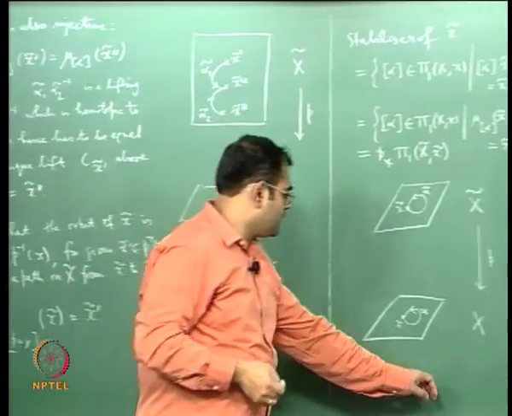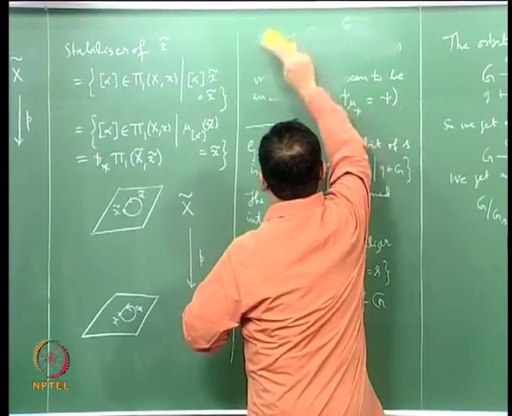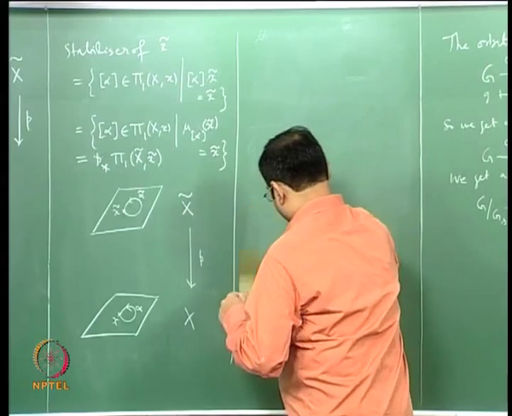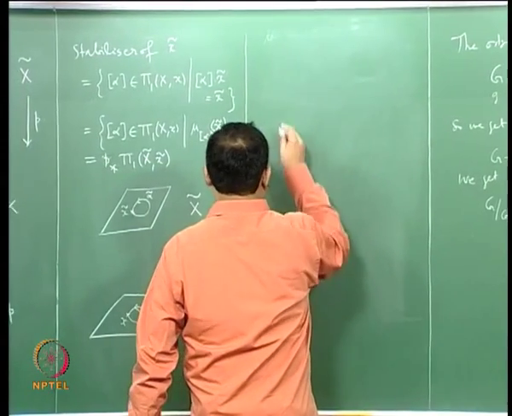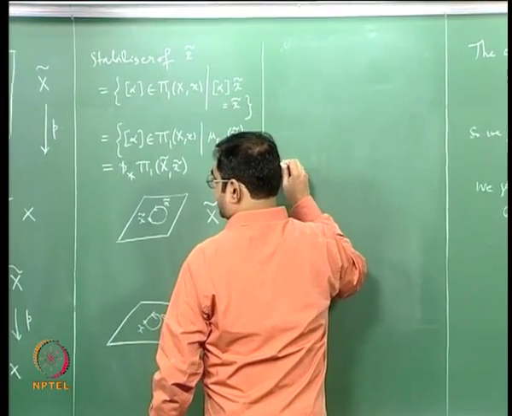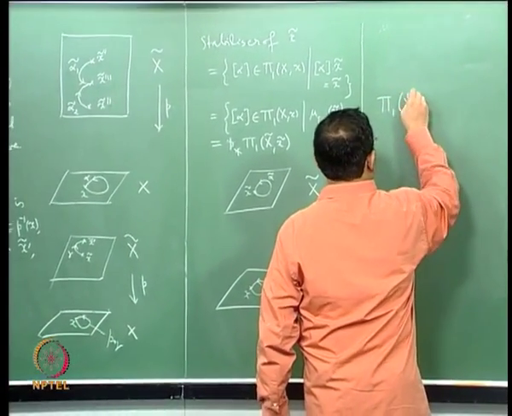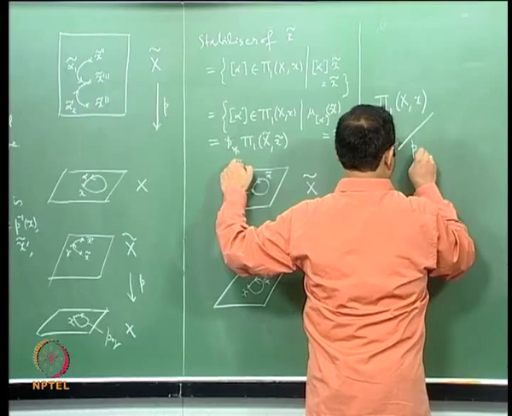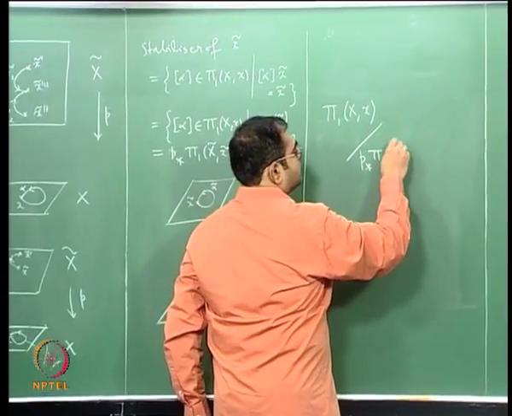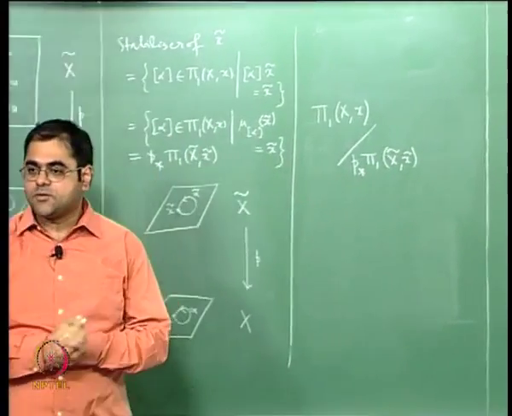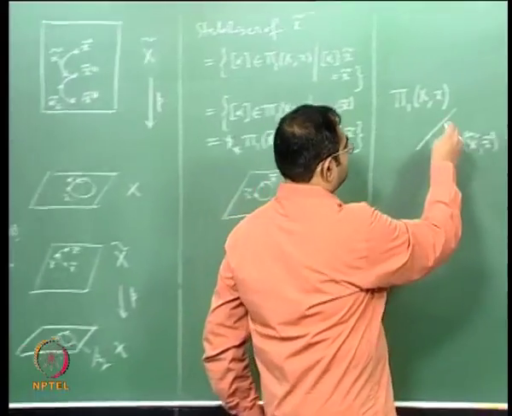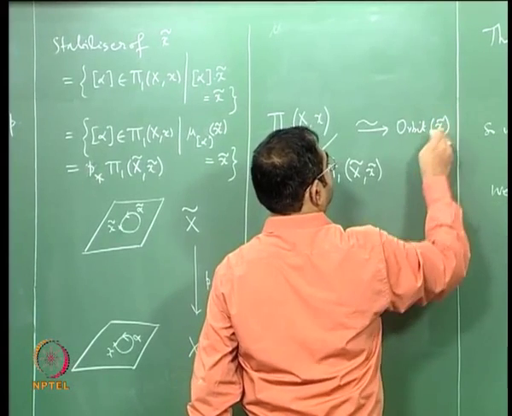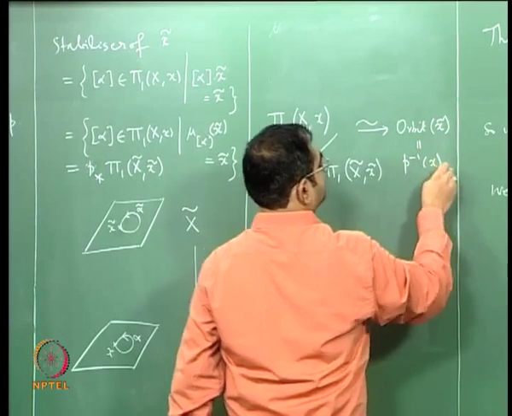So therefore we get the following identification, which is what we set out to understand, namely the group, which is the fundamental group based at the point small x below, modulo the stabilizer, which is the image of the fundamental group above, this thought of as a coset space, okay, is bijective to the orbit of x tilde, which is nothing but p inverse of x, okay.